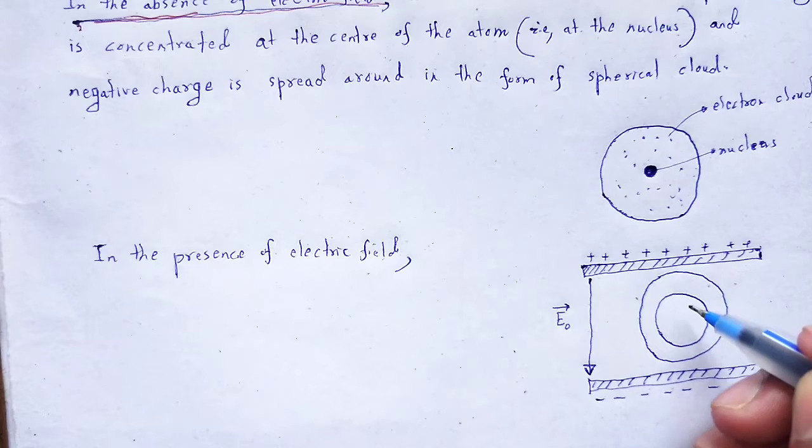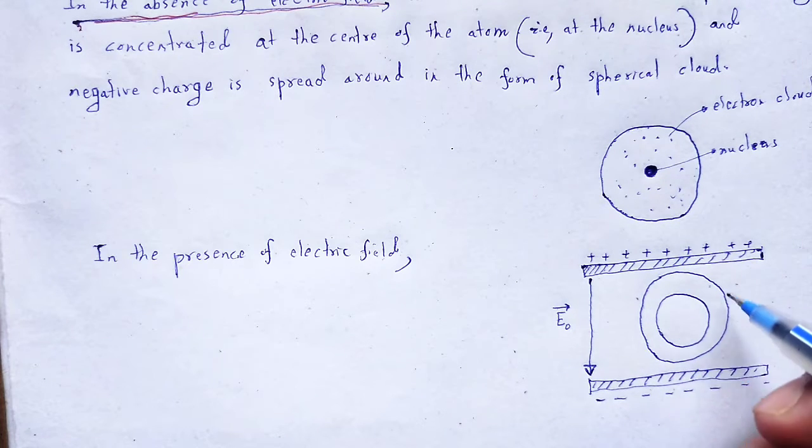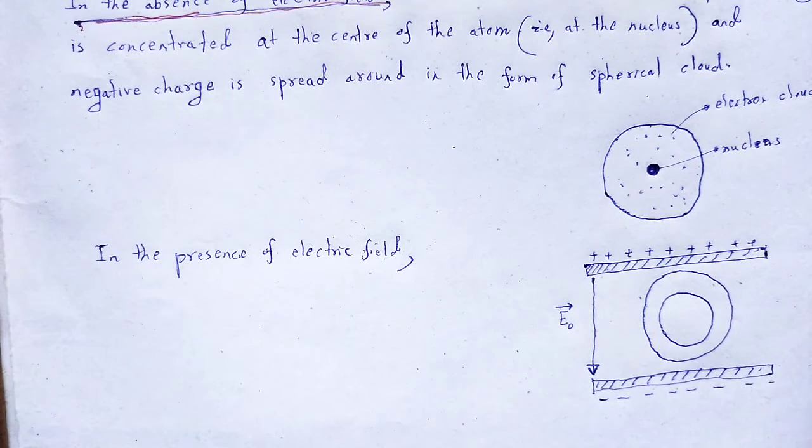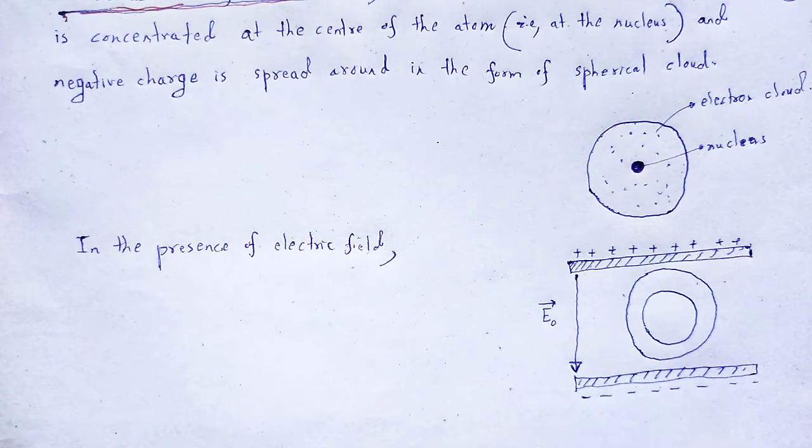It has the nucleus, and the outermost shell. So, what exactly happens in the presence of the electric field?